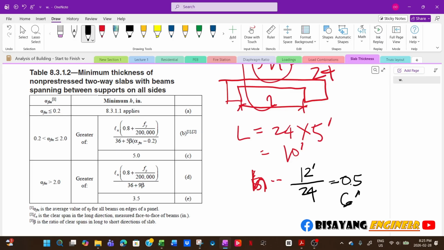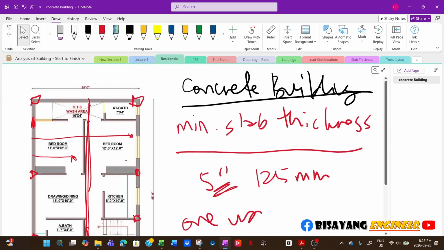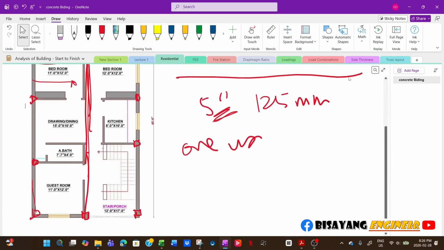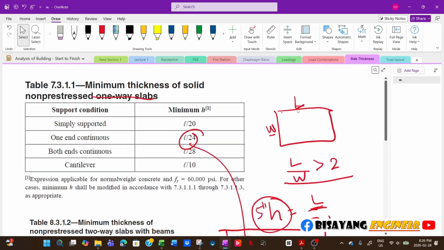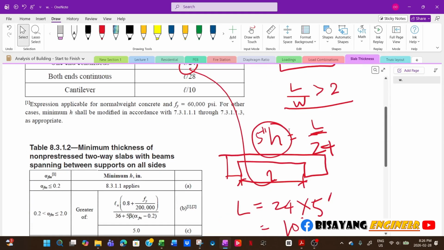So that means if this is your floor plan, and you only decide to have one intermediate beam, and there will be no cross beam, you will decide that this will be a one-way slab. If that's a one-way slab, your length is more than twice the width.